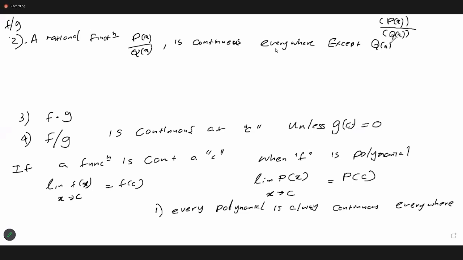Qx equal to 0. Because if the qx is 0, it means the denominator is going to 0. There is a problem at that point.